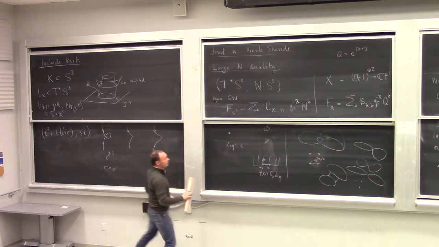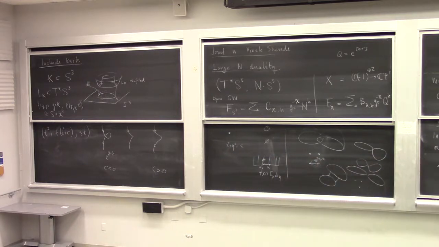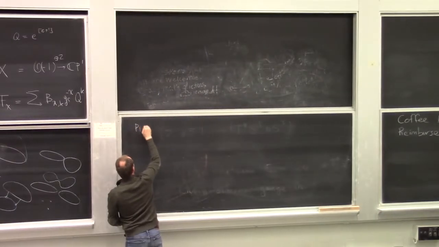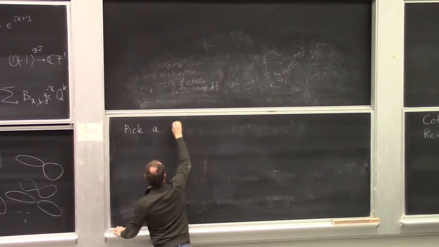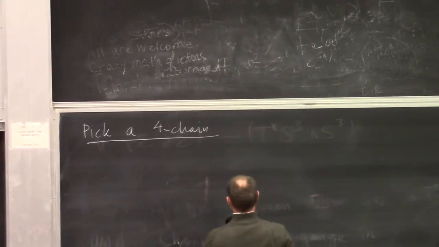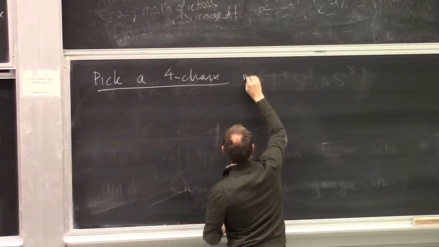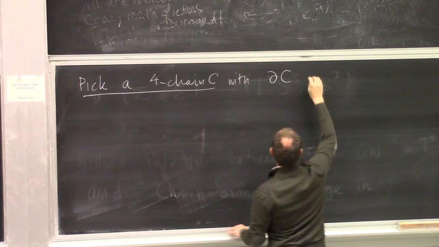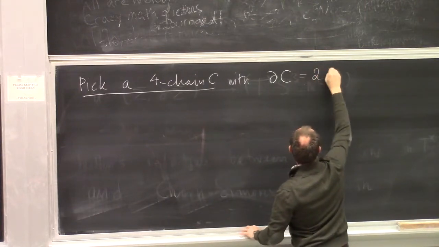But it looks horribly bad, there is a kind of saving grace, and the saving grace is a 4-chain. So what we need to do is to take a 4-chain, in this case, we can take the boundary of the chain C, and I will take it to have boundary S^3.